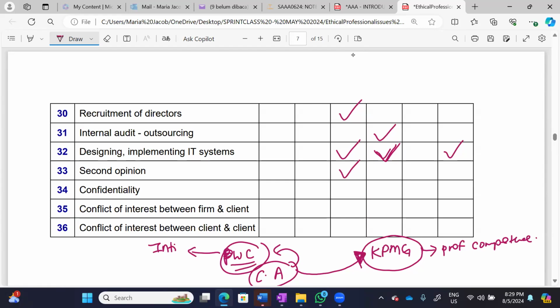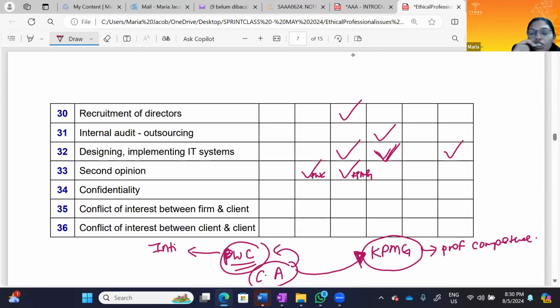Obviously, the external auditor will be more familiar with the matter. But KPMG might be unable to obtain all the information, yet provide an opinion. It's a threat to their professional competence, which is actually self-interest. So a second opinion also creates an intimidation threat for PwC, and this one is for KPMG.